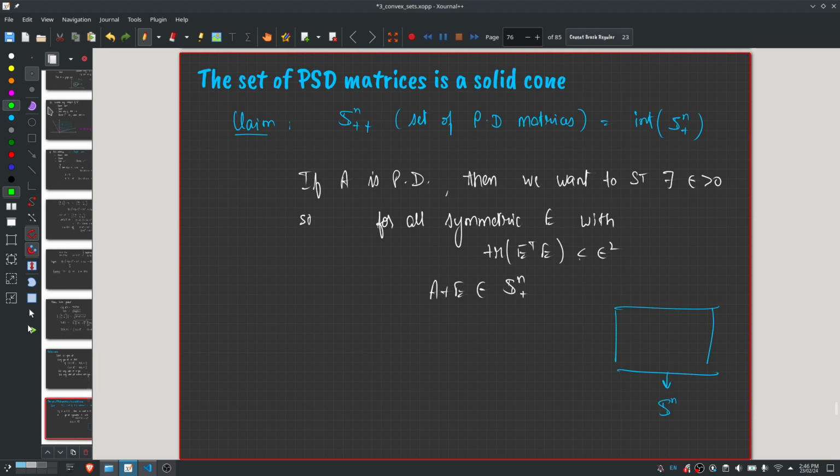So within this, I have the set of positive semi-definite matrices, which we know is a cone, all right? And inside this somewhere we have the set of positive definite matrices. So suppose I pick some positive definite matrix. Okay, so this would be our matrix A. Again, this is not the correct geometric picture because we can't really interpret it, but let's try to at least get some intuitive understanding of what we want to show.